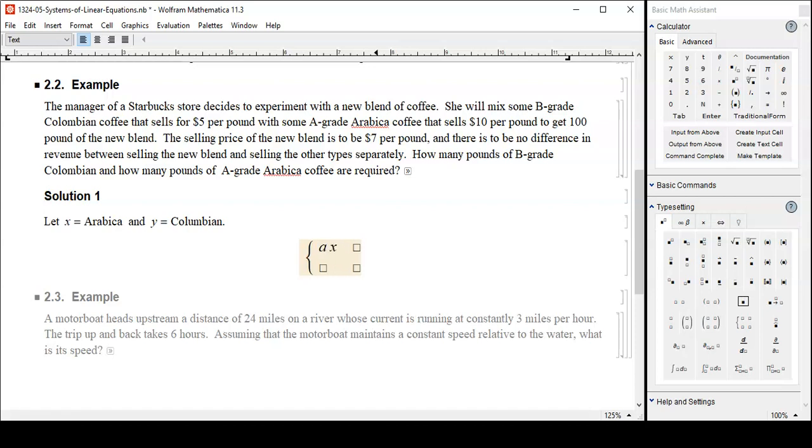So AX plus BY equals something, CX plus DY equals something. That's going to be the typical structure.